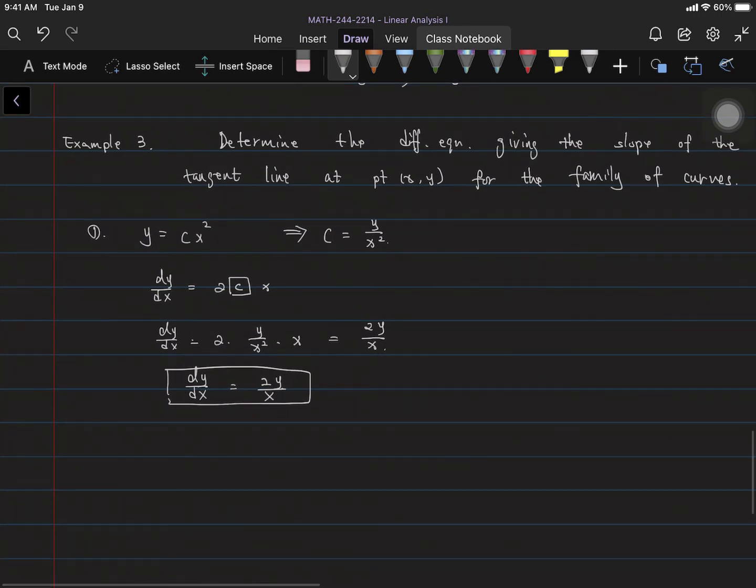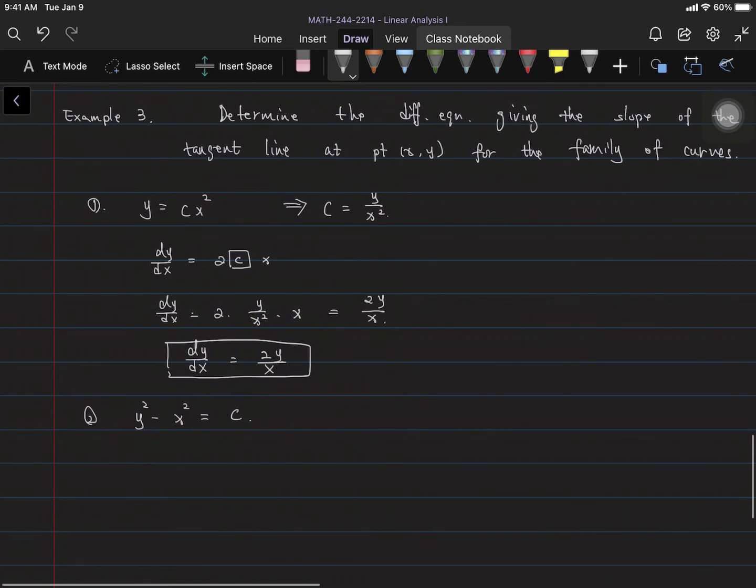Let's try another one: y squared minus x squared equals c. This is pretty easy because there's no c in the way.